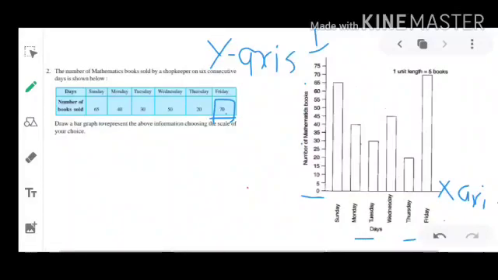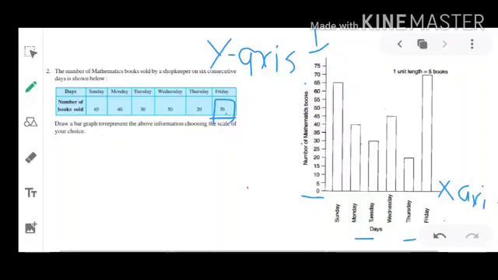And we have to choose how much we increase the numbers by. In our last video, we looked at maximum students and minimum students, and before we draw a bar graph, first of all we have to decide the minimum number and maximum number. For example, here the minimum number is 20 and the maximum number is 70.